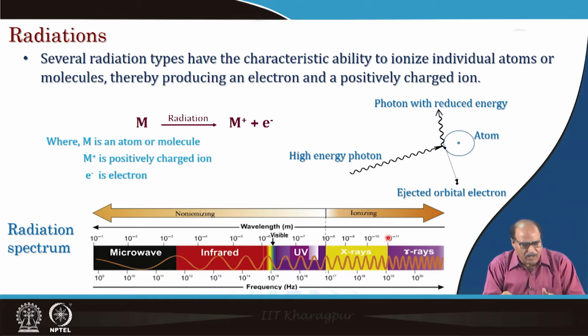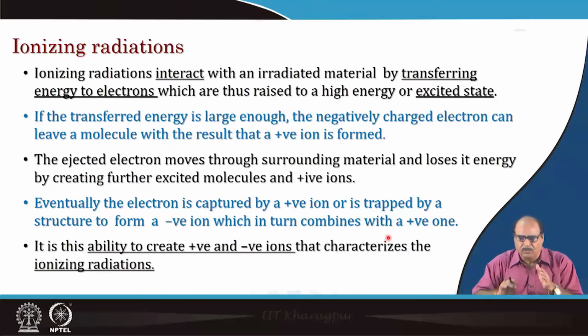Here we have shown the radiation spectrum, non-ionizing and ionizing radiation. The radiations which have the ability to ionize atoms or molecules are known as ionizing radiations, and they are used basically in food processing. Ionizing radiations, as I told you, interact with the irradiated material by transferring energy to electrons, which are thus raised to a high energy or excited state.